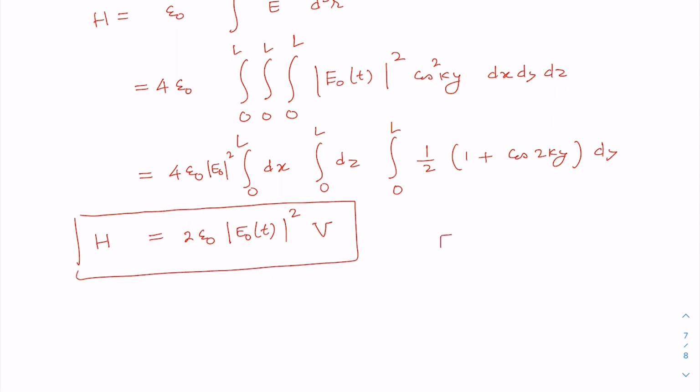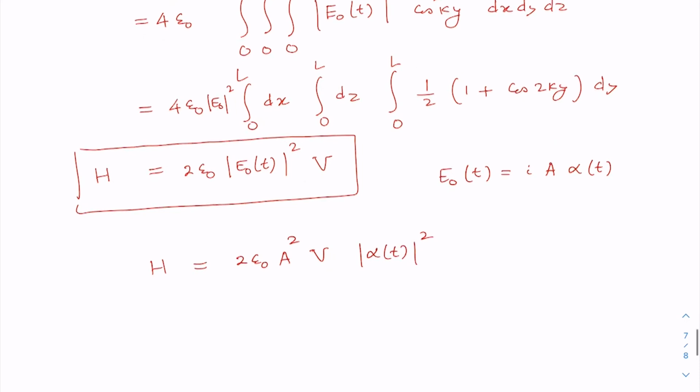Now because E0t is equal to iA alpha of t, as we defined earlier, we can write down this Hamiltonian in this form: twice epsilon 0 A square V mod alpha of t whole square.